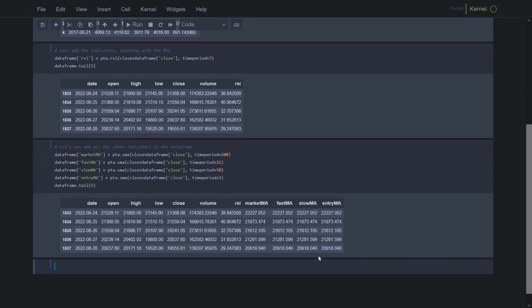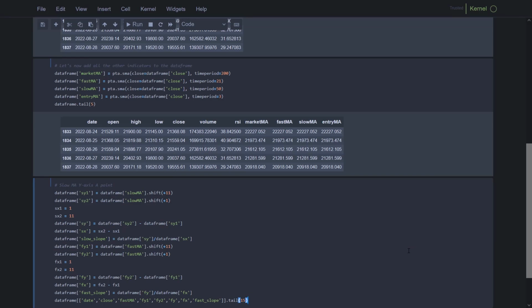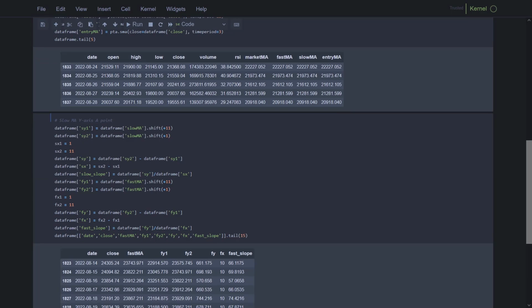Now that we have all the necessary indicators, it's time to calculate the slope of the fast and slow MA, since we are using these as the main source for our buy signal. And as you can see here, I calculate the slope first by determining the price of the moving average on the y-axis point at a specific row with the data frame shift function over here, and the x-axis points are just the amount of rows these points were set to.